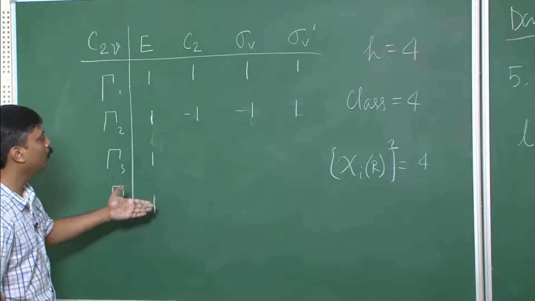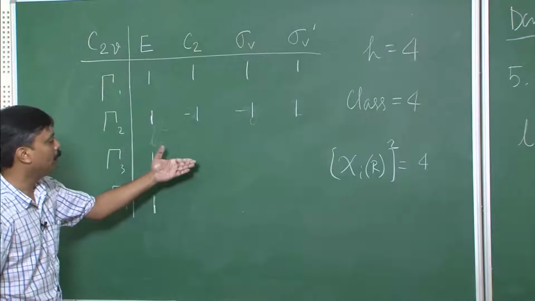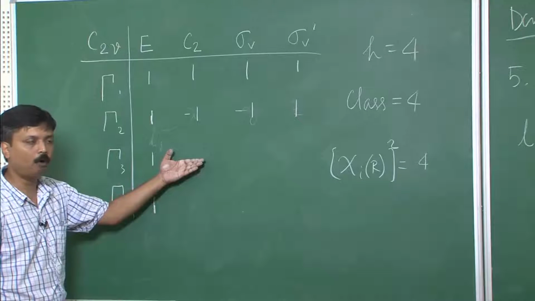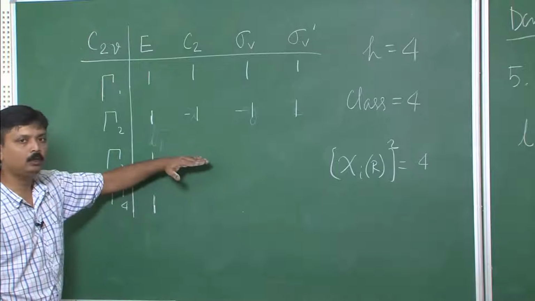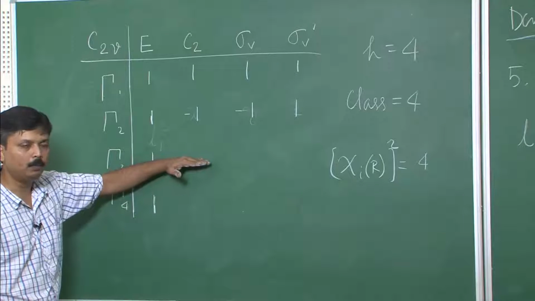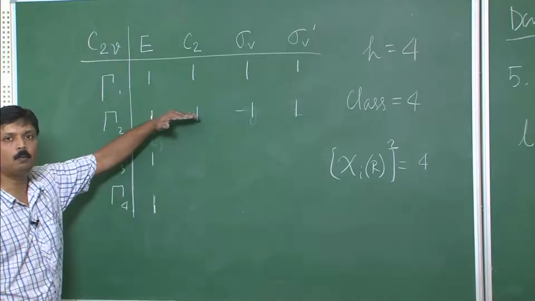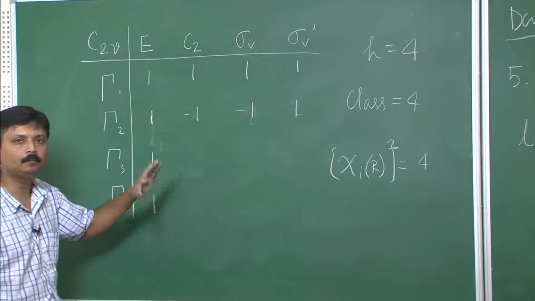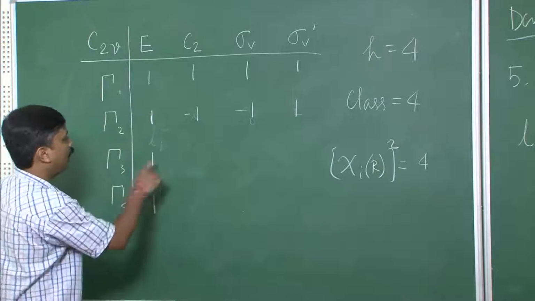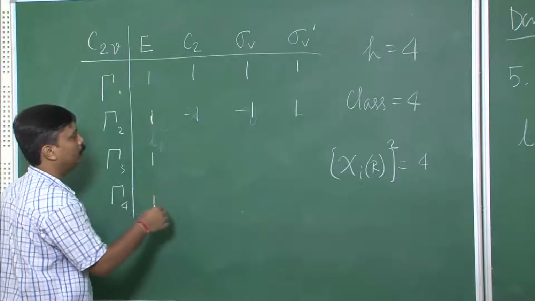Whatever irreducible representation I form here in terms of plus or minus 1, it should be a unique one, it should not repeat one of the IRs, and at the same time it should be orthogonal to any other IR. So, I can do that quite carefully.